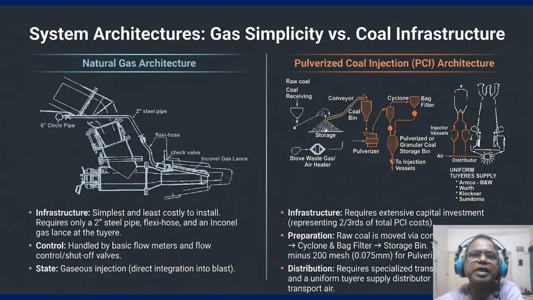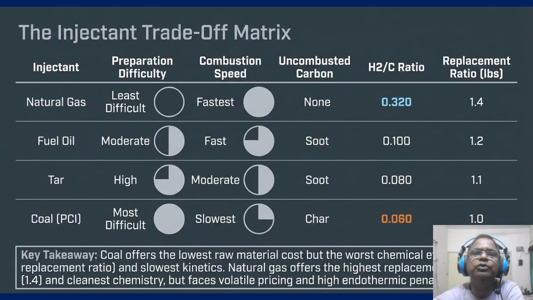So beyond the pipe and the pulverizer, the choice of injectant dictates your chemical efficiency and your replacement ratio. The injectant trade-off matrix, as you can see, this table is your cheat sheet for fuel selection. We are comparing natural gas, fuel oil, tar and coal across five technical dimensions.